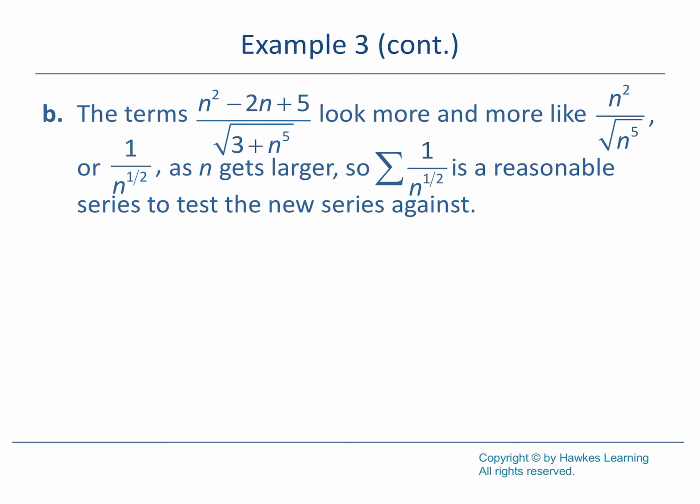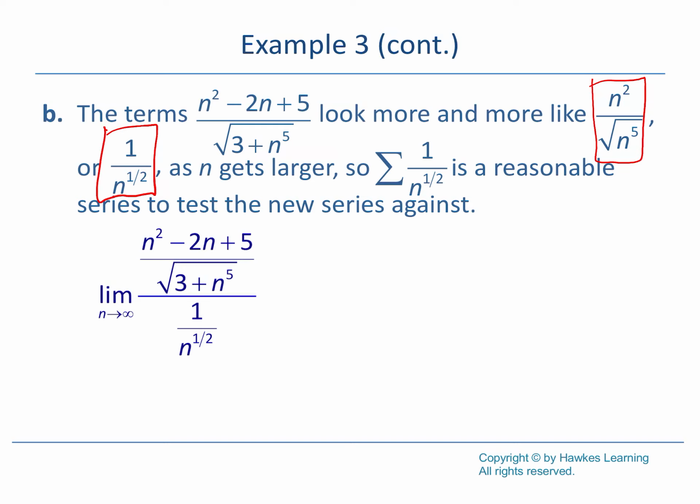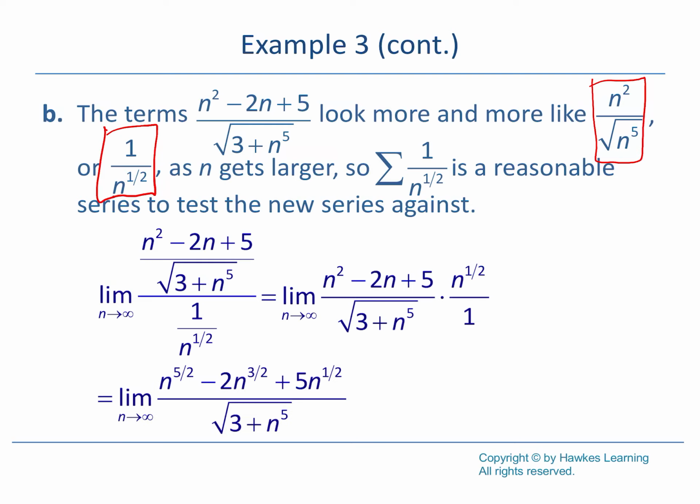Here, yes, these do tend to look similar to this or similar to this. That's even simpler. So yeah, 1 over n to the 1/2 is a reasonable series to test against. Here we do the limit comparison test. And this is a little bit ugly. We end up multiplying by n to the 1/2 power on top.